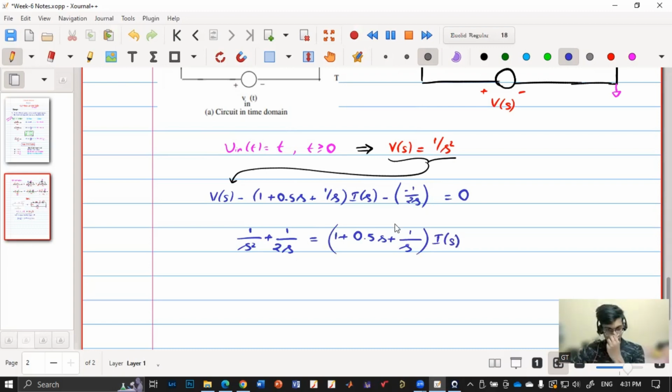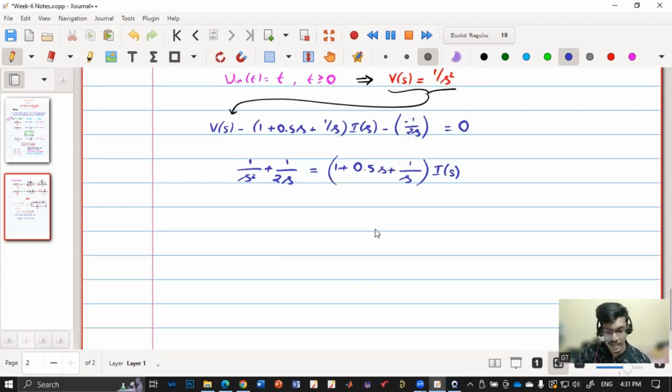So now everything is in S domain, and I of S we can directly calculate. I of S is equal to this LHS, which will be s plus 2 by 2s square, isn't it? I can multiply this by s, and here I can write s square, here I will write 2s square. So it is s plus 2 by 2s square, right?